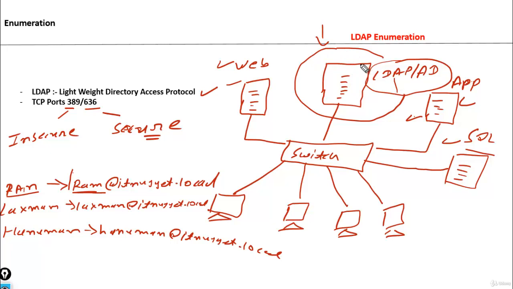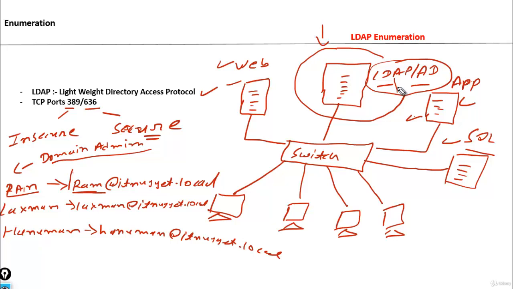So these credentials are very important for any attacker to gather information on the websites, applications, or SQL server of your organization. Think Ram is working as a domain admin, which means he can manage every user and group of this LDAP or Active Directory server.